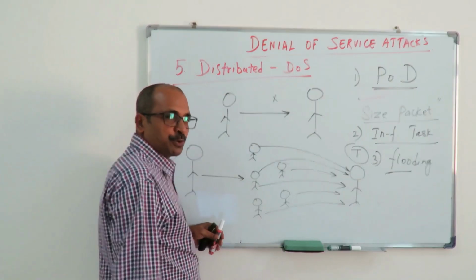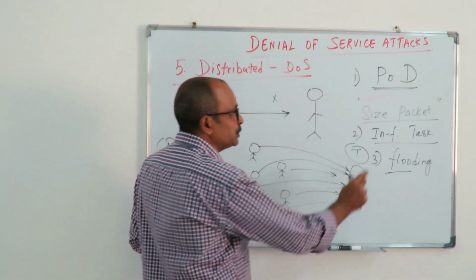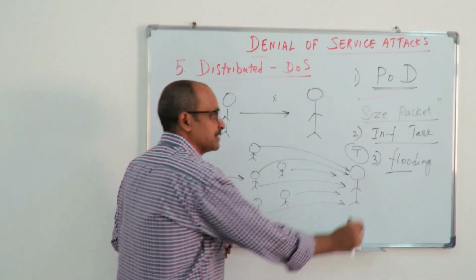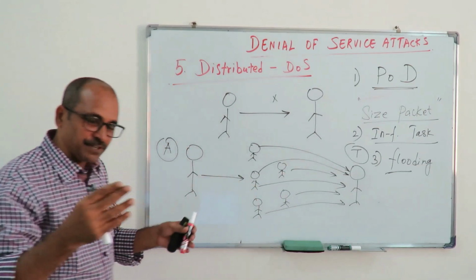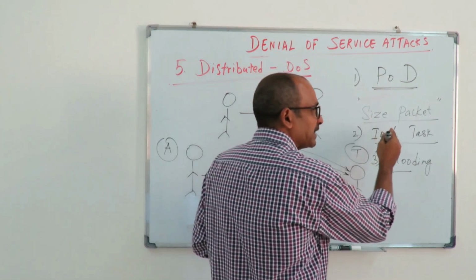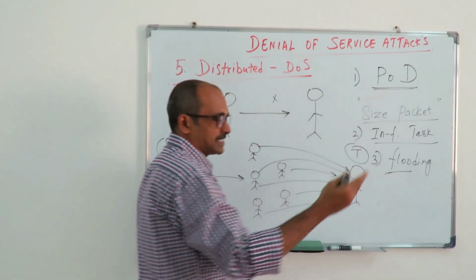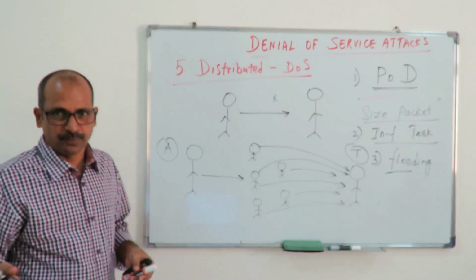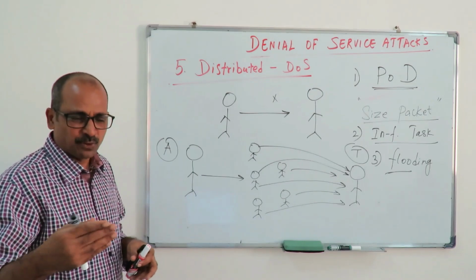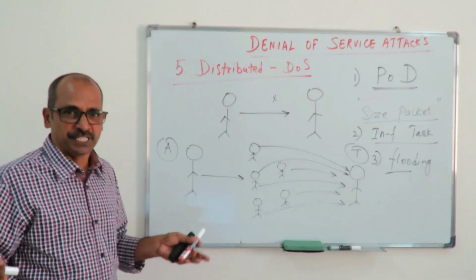We can do the distributed denial of service attack in three different ways. The first one is flooding, and in flooding there are three different types that we already discussed. Then you can give an infeasible task, which cannot be done at all. A computationally infeasible task can be given to a particular machine, and we can make that machine busy.